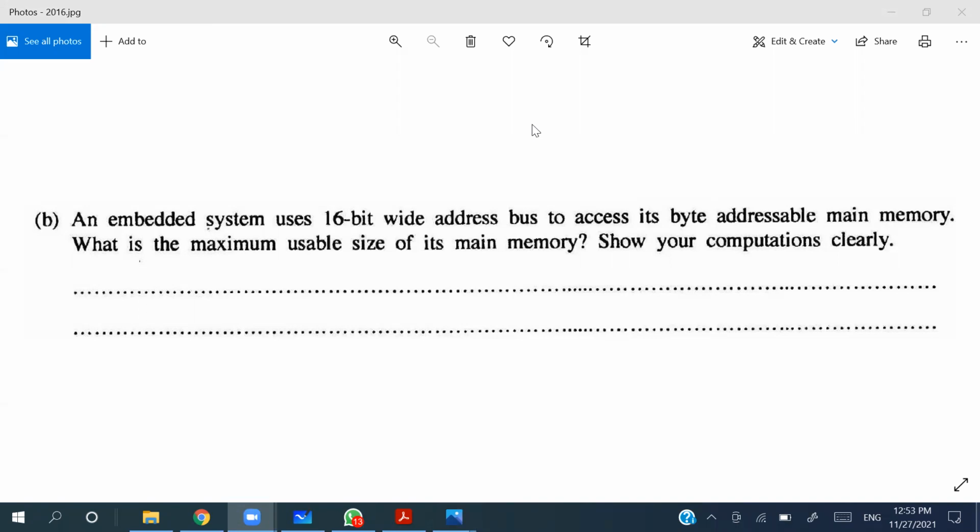It's not 6, Nikini. It should be like 2 to the power 6, right? Because here they have said it is byte addressable. So whatever the 2 to the power amount that you are going to receive is in bytes. So either you can put it like that since they are not asking about anything else, or you can convert it to kilobytes easily, right?